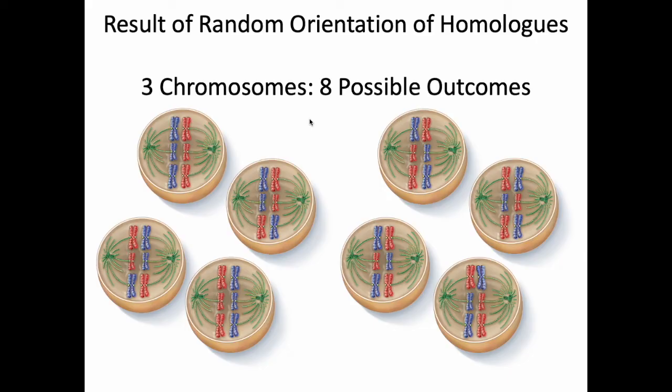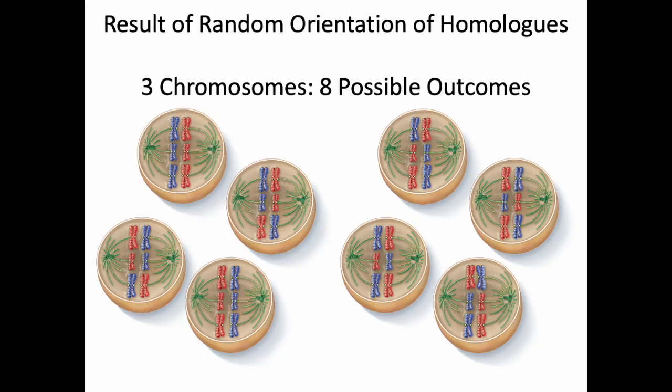In an organism like ourselves, with 23 different chromosomes, there are over 8 million possible combinations for how these homologs can be sorted. That means you could go through the process of making egg or sperm, as the case may be, 8 million times and not make the same cell twice.